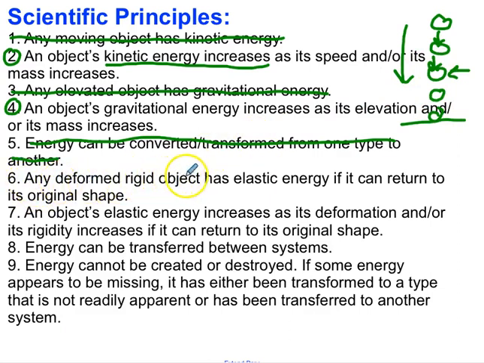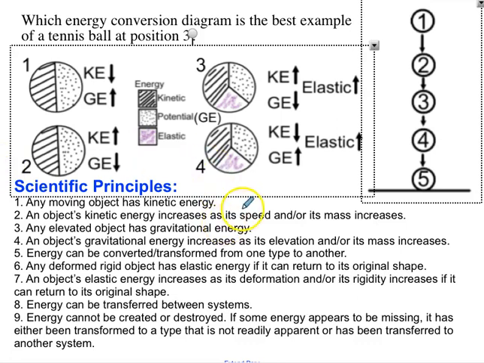Now, any deformed rigid object has elastic energy. Before we dismiss this one, I'm going to explain why this is good. Remember, 2 of the charts that you saw, and if we back up, we can take a look at it. So let's look at it right here. So remember that two of these had elastic energy.